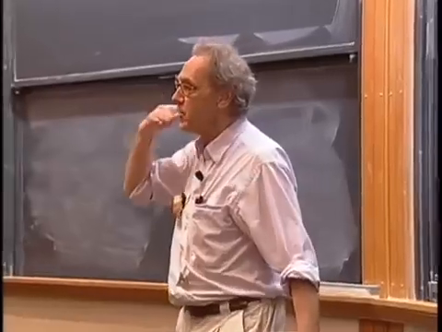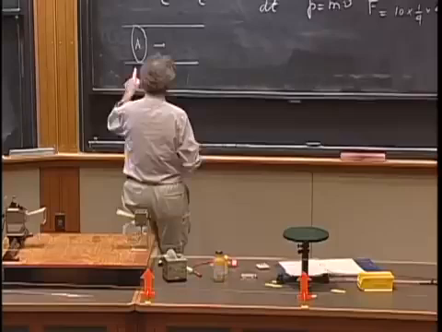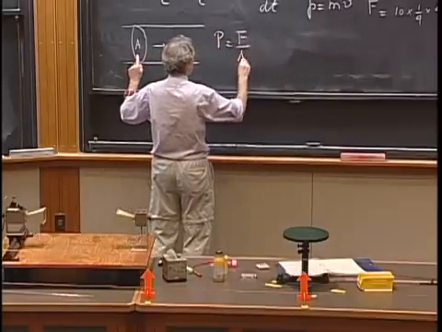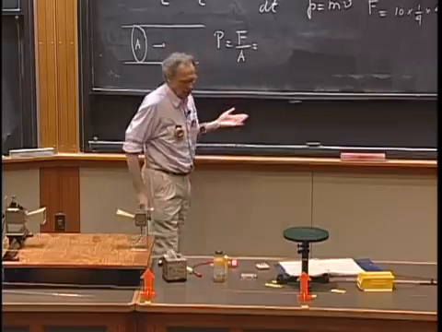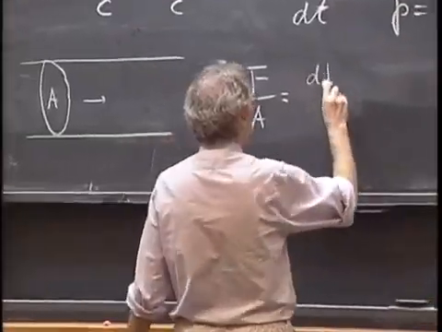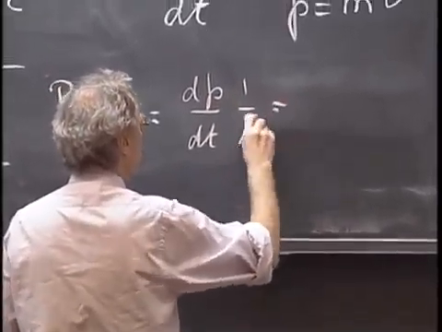So the momentum in this direction is destroyed. Momentum is conserved, so you must have a momentum in this direction. You must feel a force. The pressure that you feel is obviously the force that you experience divided by the area. The force is dp/dt divided by the area.